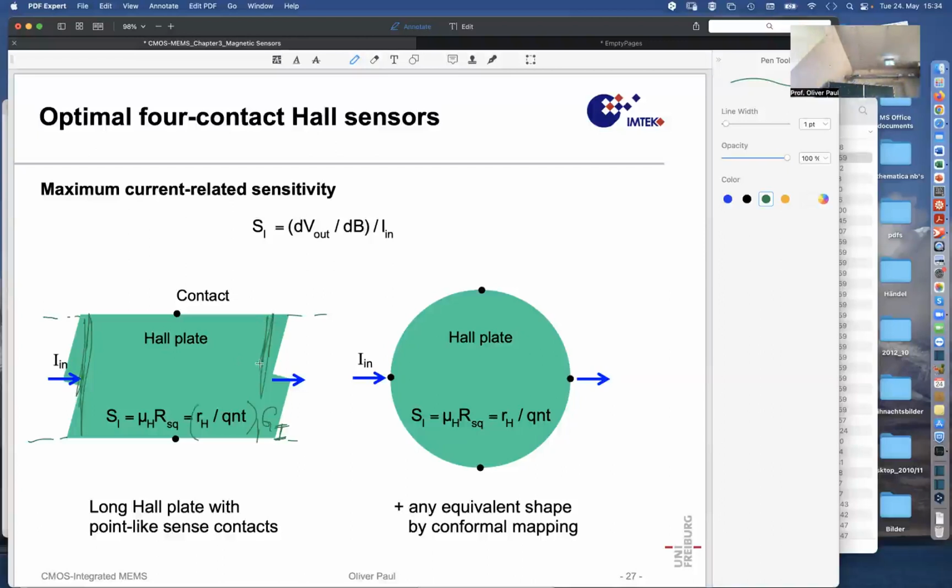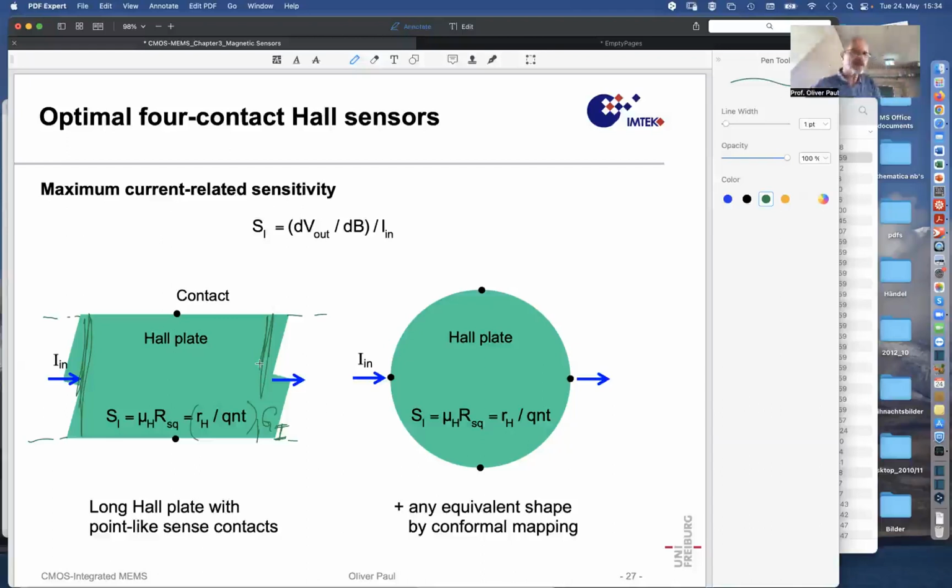And it's quite easy to see why. Imagine these contacts to be closer and closer. For the Hall voltage to appear between the two side contacts, the equipotential lines need to be able to take this inclined shape.